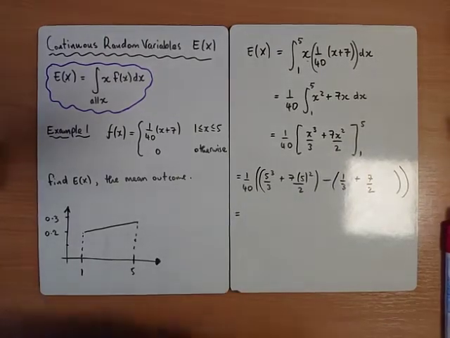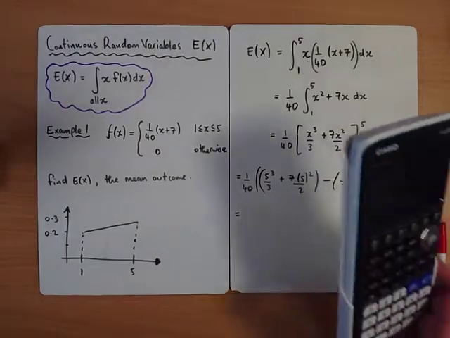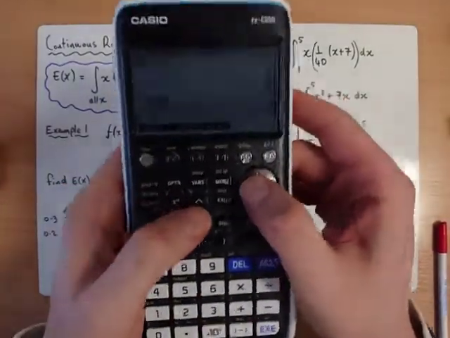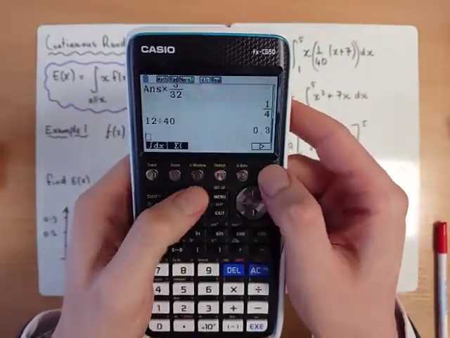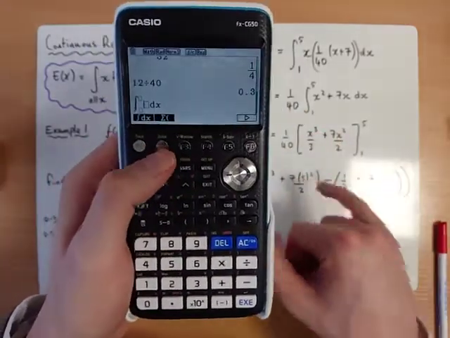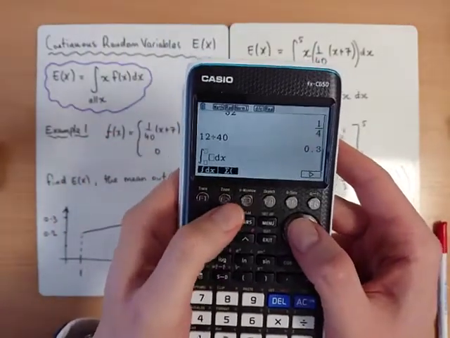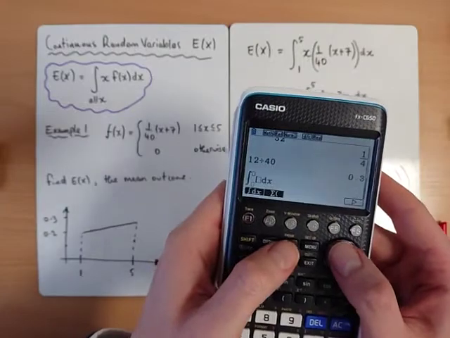Obviously we can work this out in the calculator, but if we're confident in our technique here, or if we just want to check our answer if we've got enough time, we can set up an integral.